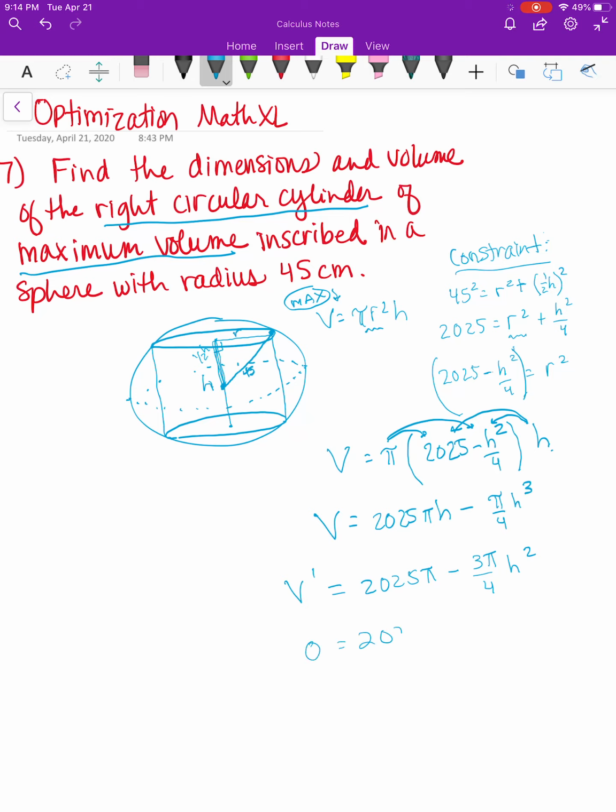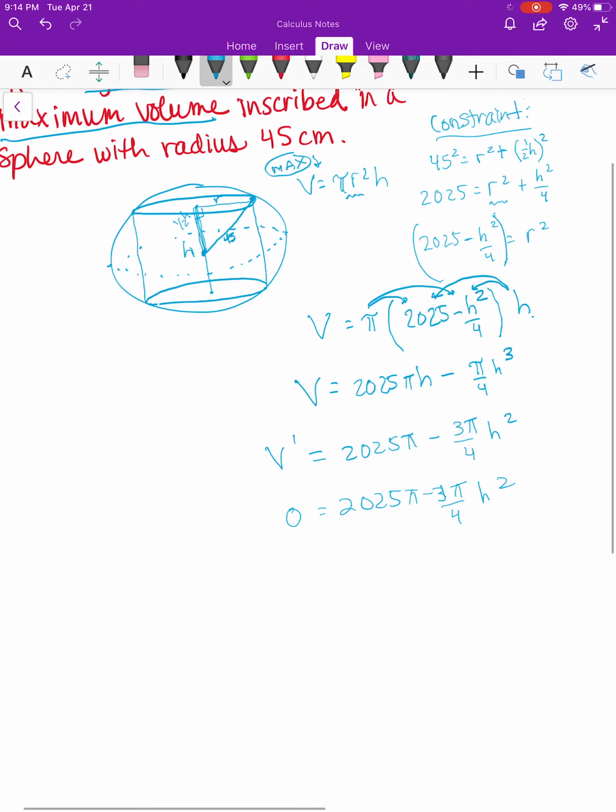And now we want to take the derivative of this because this is what we're trying to maximize. So this is going to be 2025 pi, that's your coefficient of h. I'm going to bring the 3 down times the negative pi over 4, giving me negative 3 pi over 4 h squared. And now I'm going to set this equal to 0.